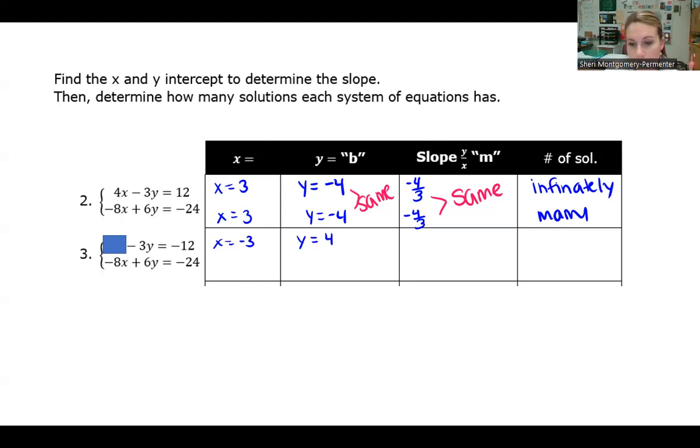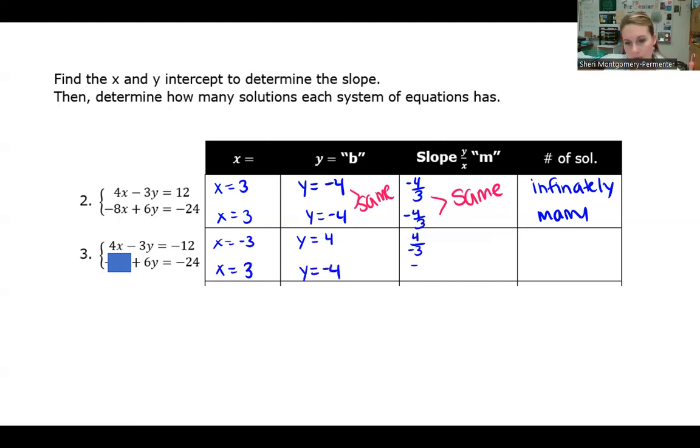So my slope will be 4/-3. For my second one, negative divided by a negative will be a positive. And then I get negative divided by a positive, so it'll be negative.